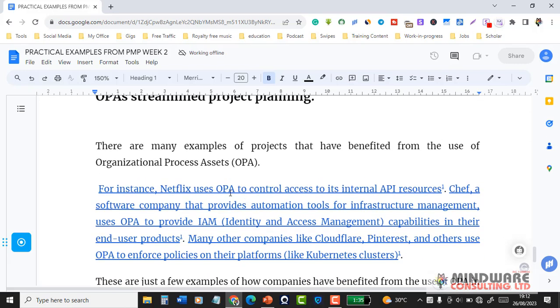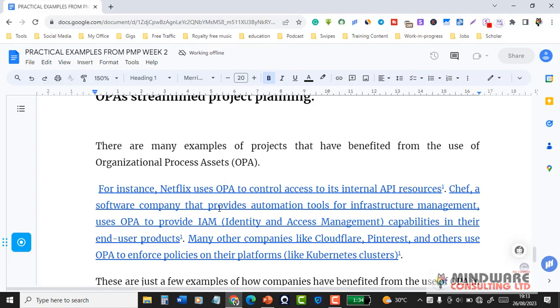All right, like I said, there are many examples that we can actually use to buttress the use of organizational process assets in a real life scenario. For instance, Netflix uses organizational process assets to control access to its internal API resources.